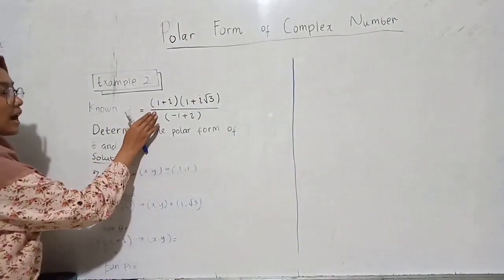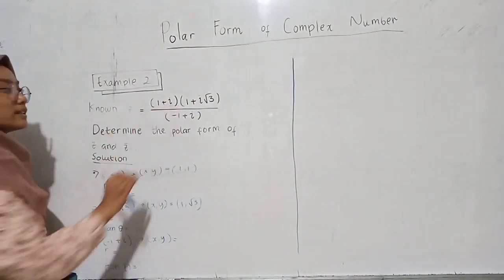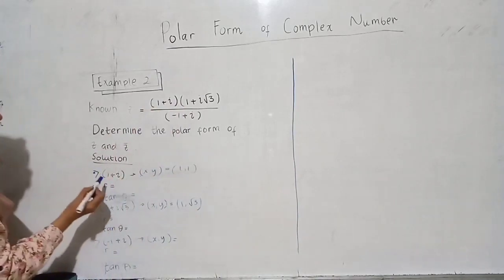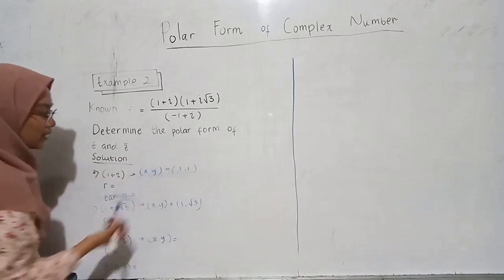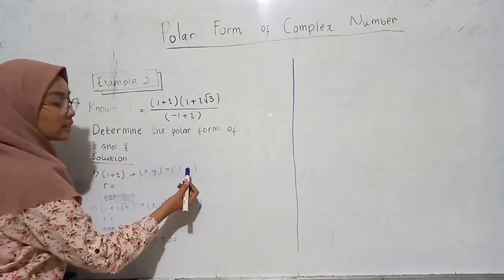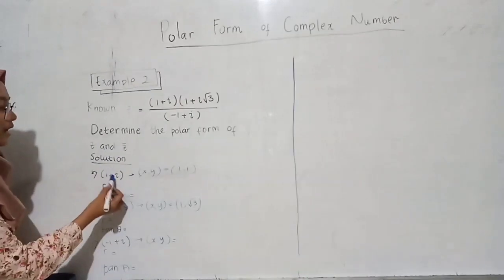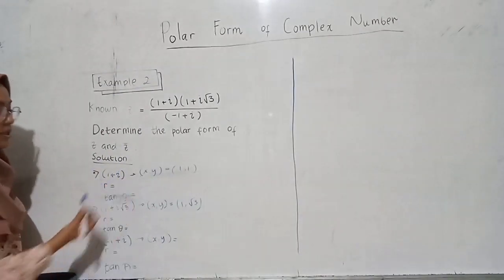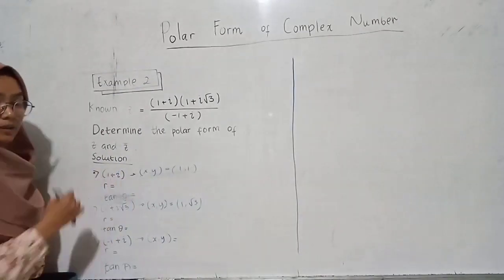Part number 1 is 1 + i, and we can analyze that (x, y) equals (1, 1), since there are no other numbers in i.